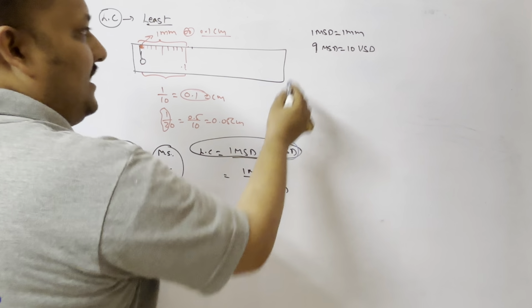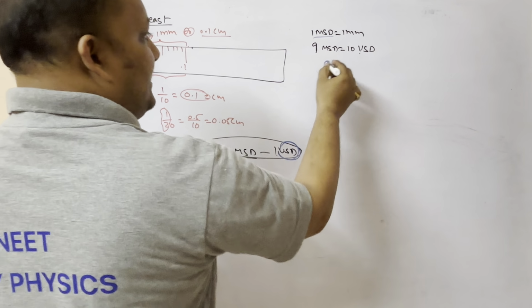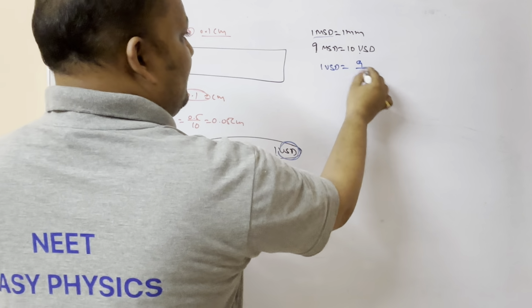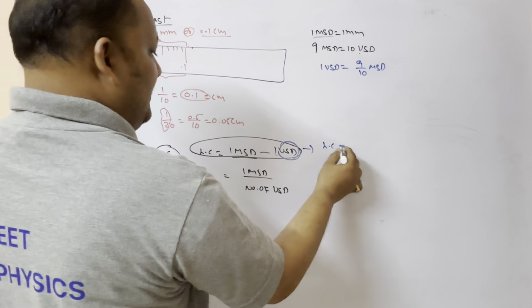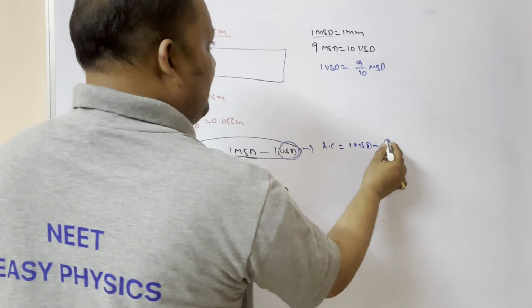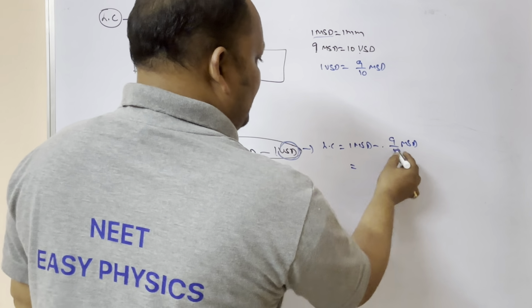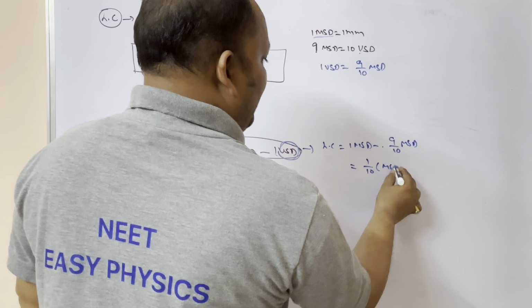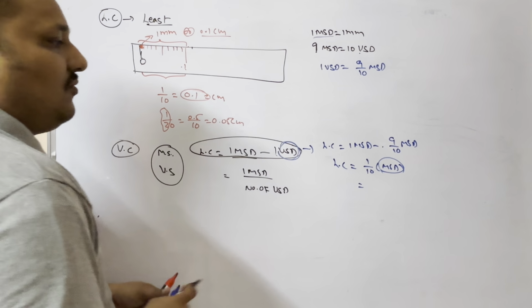So 1 MSD value they gave, therefore we will eliminate 1 VSD by using this. 1 VSD equal to 9 by 10 MSD. Then from this formula, least count equal to 1 MSD minus 1 VSD, 9 by 10 MSD. So 1 by 10 MSD. What is MSD value they gave? 1 mm.